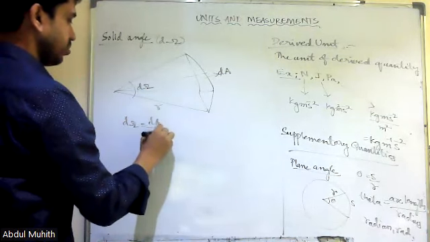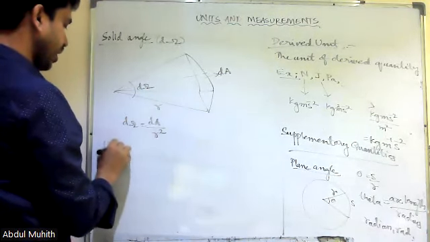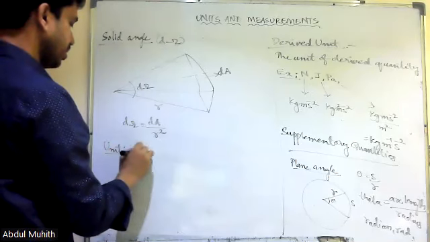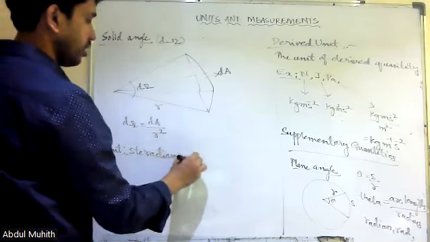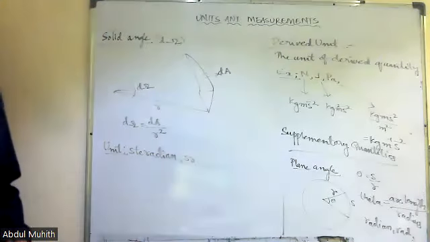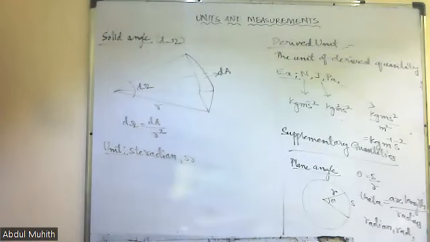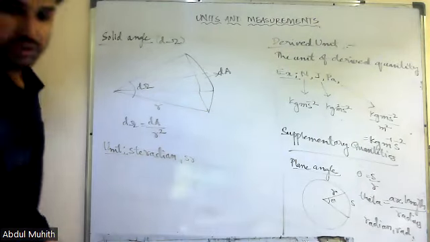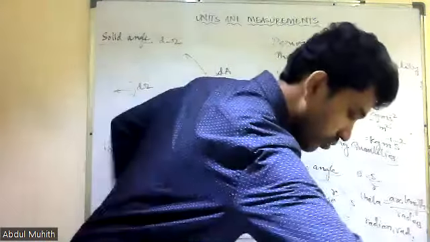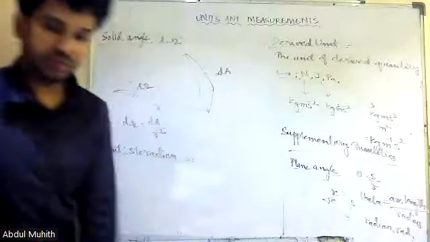Okay, the unit of this is what? Steradian, SR. We write SR, okay? Steradian or SR. So this is the formula.